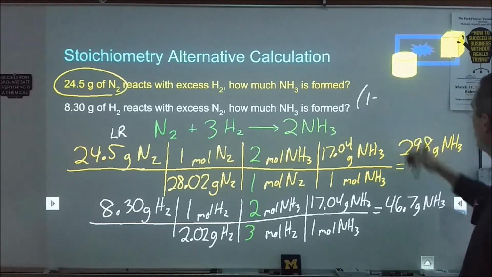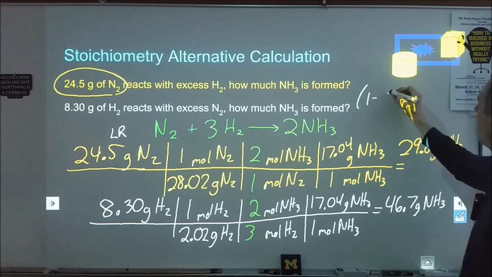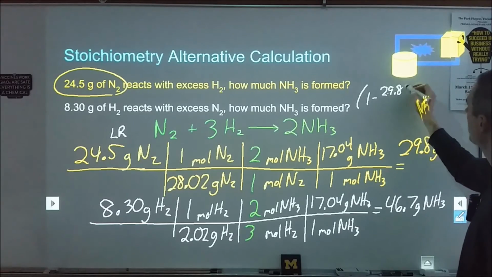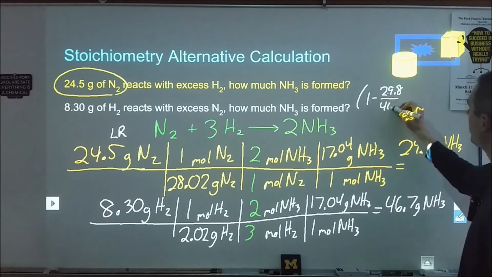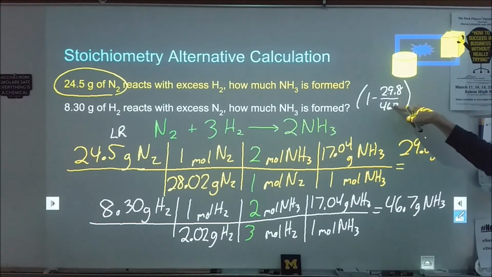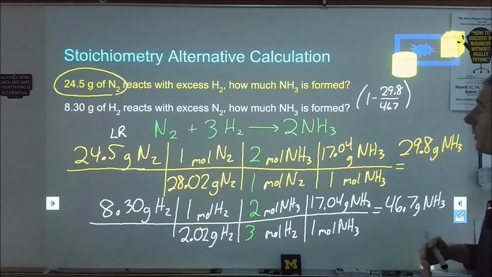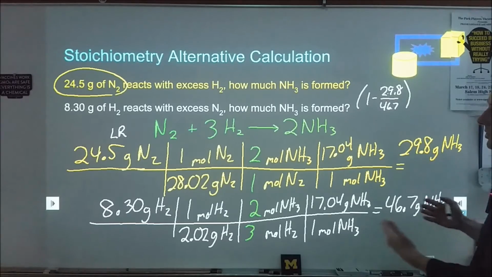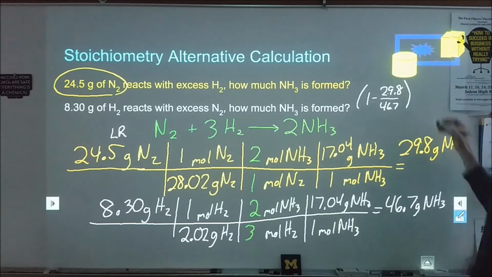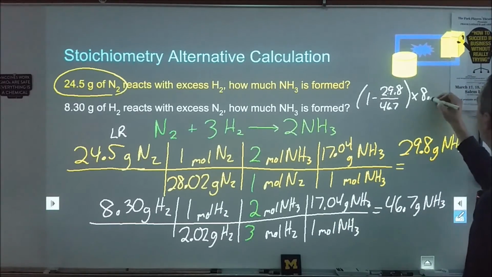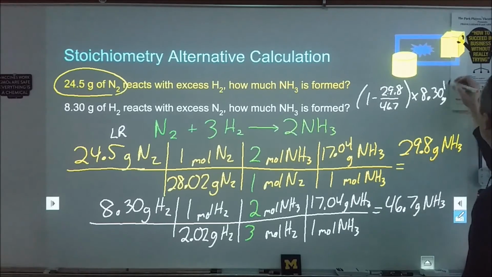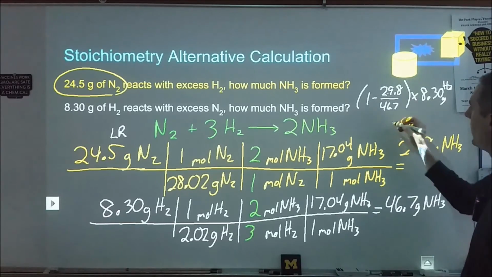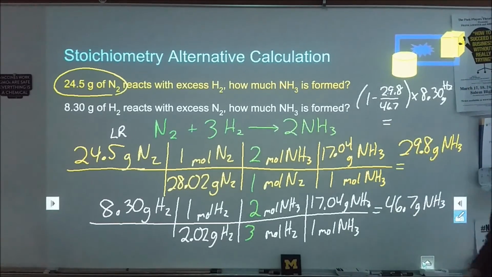If we take 1 minus this ratio, 29.8 over 46.7. This ratio gives us the decimal form of the percent of how much the reaction occurs. So 1 minus that will be how much doesn't occur. If we multiply that by 8.30 grams of hydrogen, we'll figure out how much excess we would have.